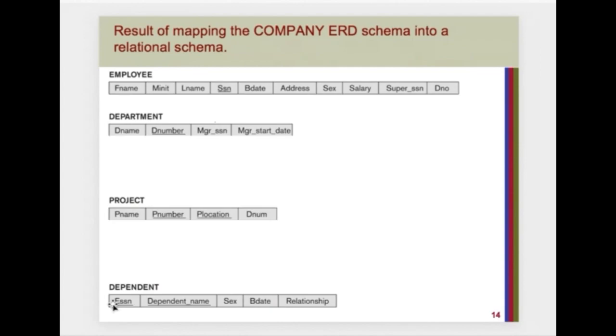We copied it here, and this primary key will become a foreign key. This foreign key together with one or more other attributes will become a primary key for the dependent table. So you see the primary key of the dependent table is composite, comprising ESSN and dependent name.